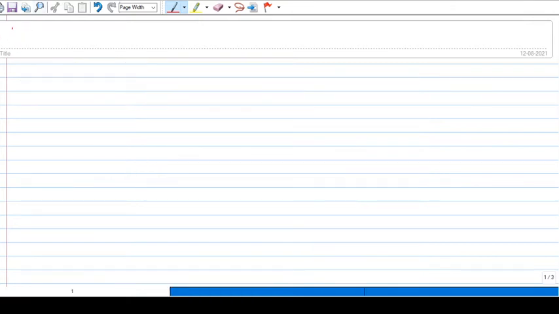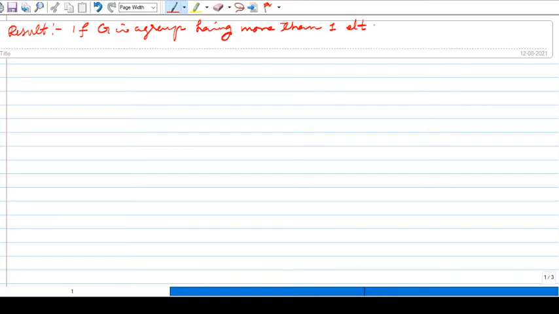A result: if G is a group having more than one element, then G can't contain a 0 element.